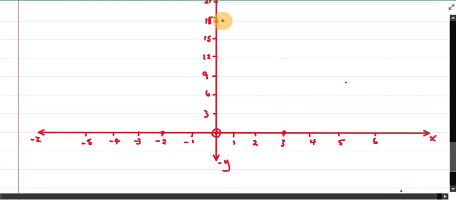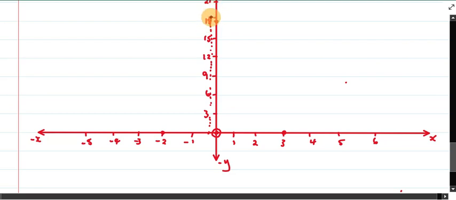If I'm moving from 18 half a unit up, it becomes 18.5. Yeah, my graph is not drawn to scale, but I think you can visualize this and see what I'm trying to do.